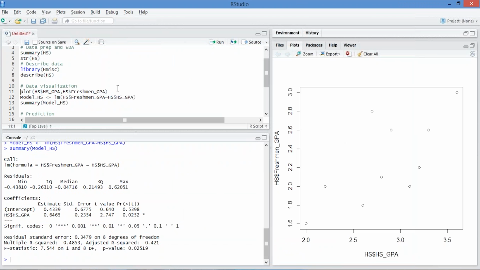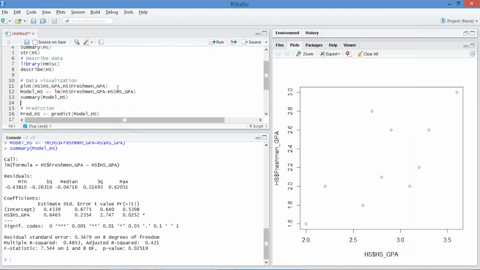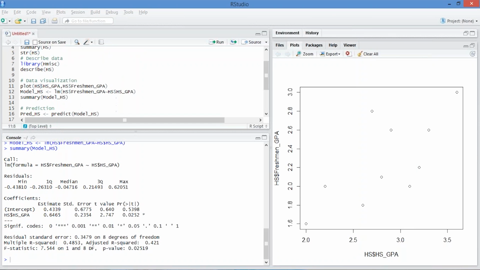Okay, so we already have this, right? Freshman GPA and HSGPA, exactly as we have read. This is what I have, correct? These are the variables I've used, and these are the values I've used for plotting, correct? So exactly I've done this.